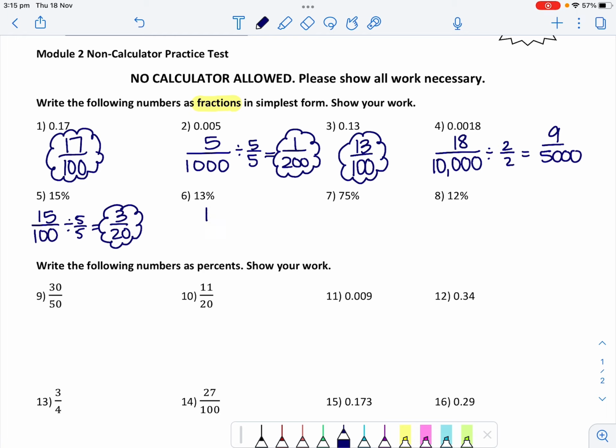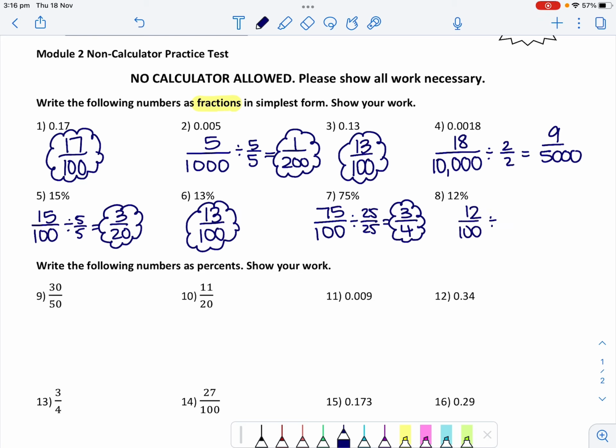Number 6 has 13%, so 13 over 100. 75% is going to be 75 over 100, and then I'm going to divide by 25 in both places, so 3 over 4. And then 12% is going to be 12 over 100, so I'm going to divide by 4. And I get 3 over 25.